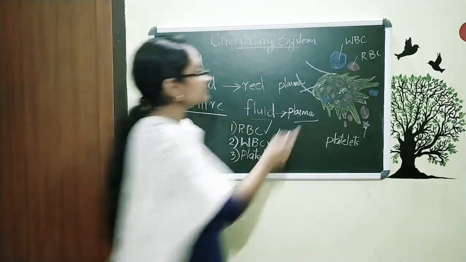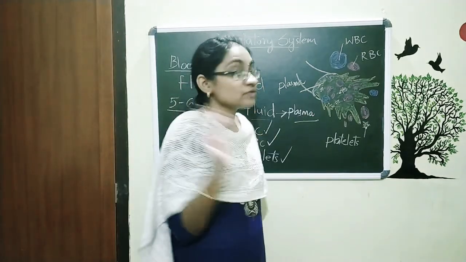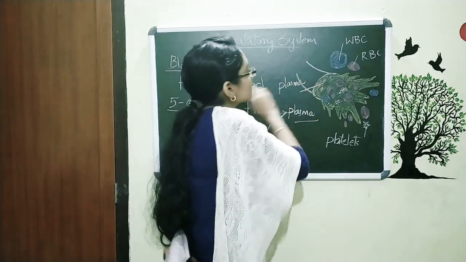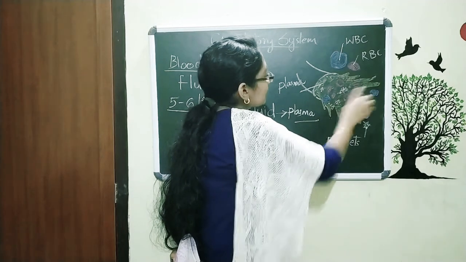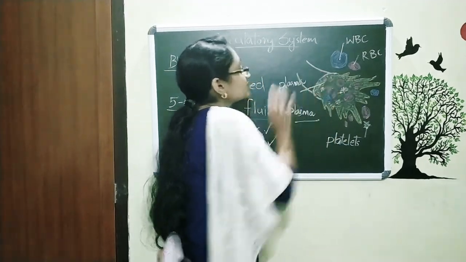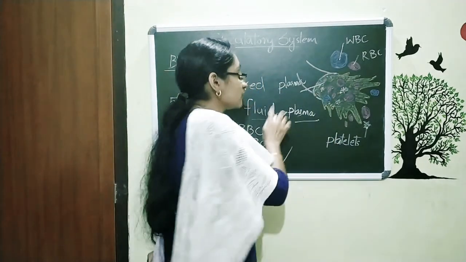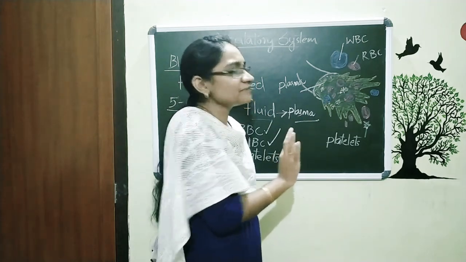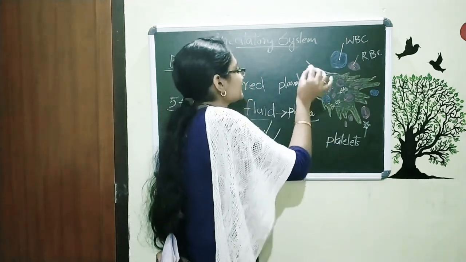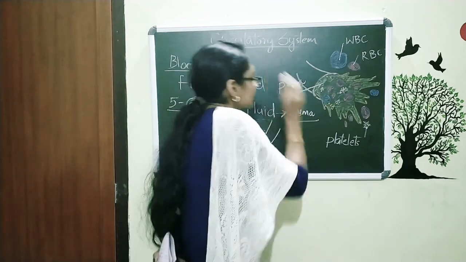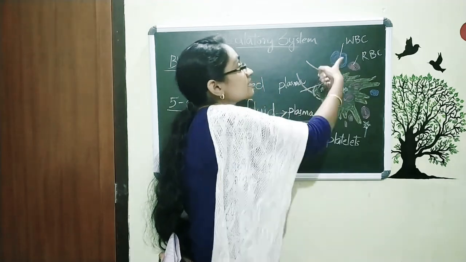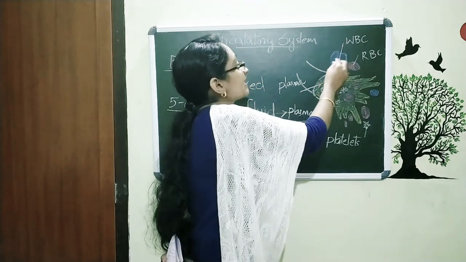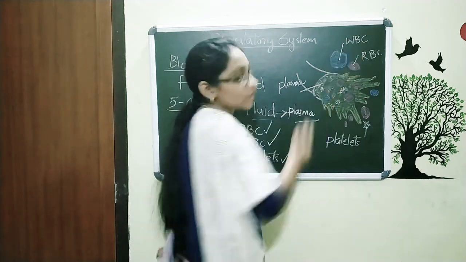Before that, you can see a diagram here, and also in your textbook you can see a neat diagram. The yellow colored portion is the plasma, the fluid part of our blood, meaning the liquid. The next is WBC, the white blood cells, denoted with blue color.